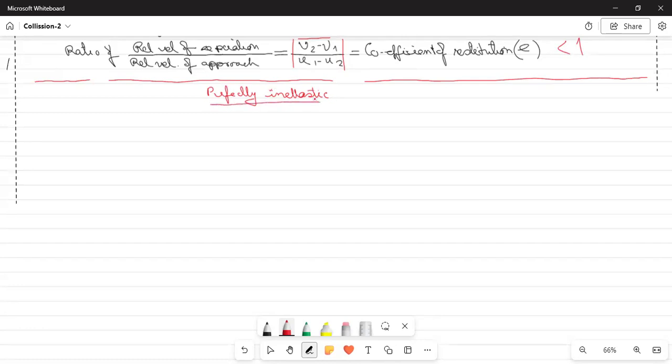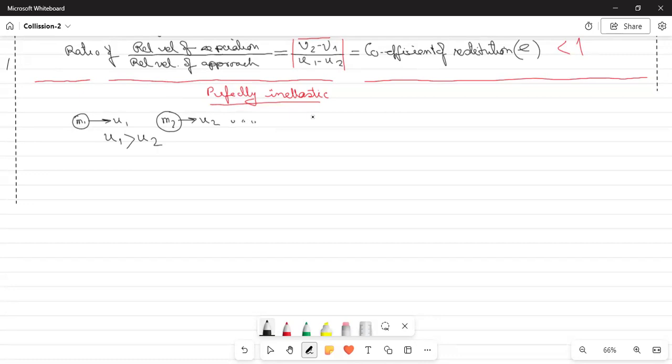And what is a perfectly inelastic collision? Perfectly inelastic collision is like this. Suppose there is a body M1 traveling with a velocity U1 and another body M2 traveling with a velocity of U2. Once again, U1 has to be more than U2, otherwise there will be no collision.